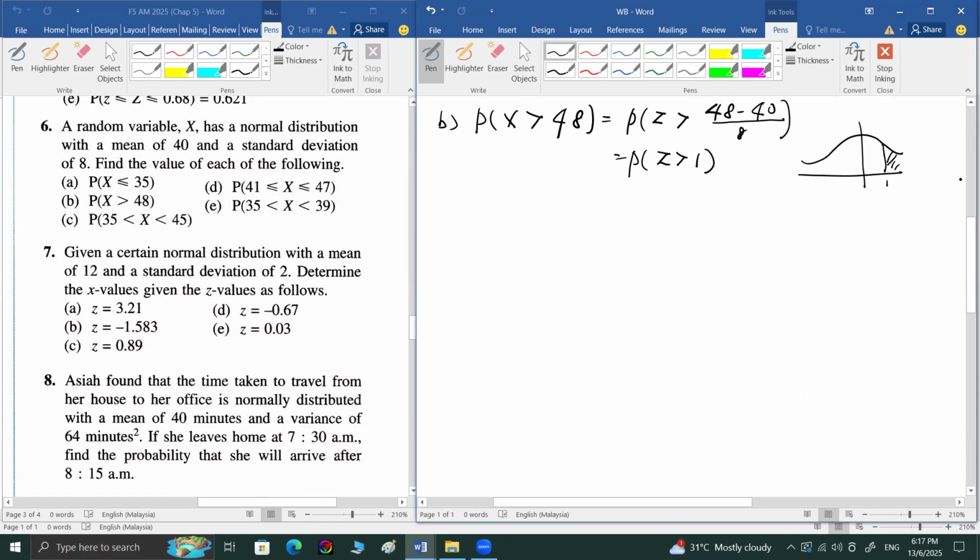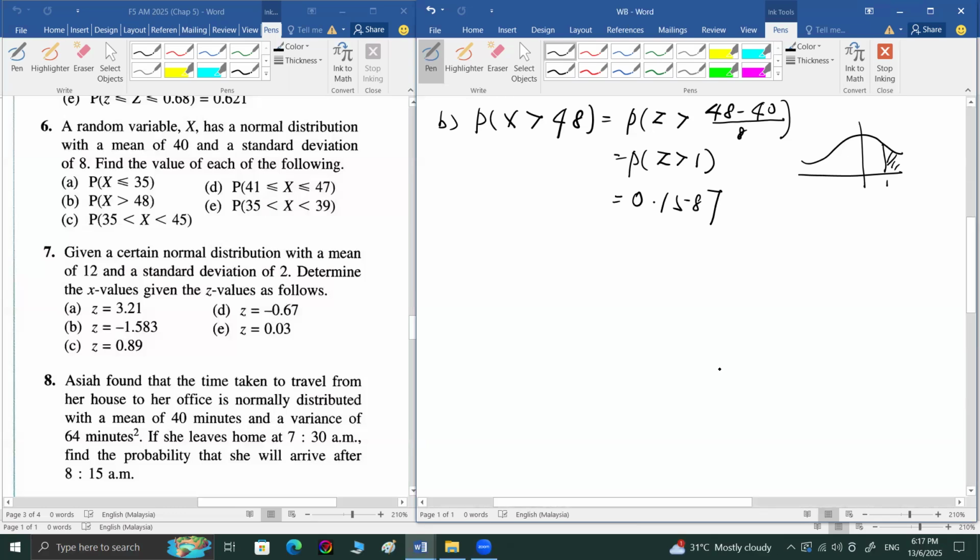On the calculator, shift, distribution, then you choose R, and you put in 1. Yes, it's 0.1587. Okay, it's correct.